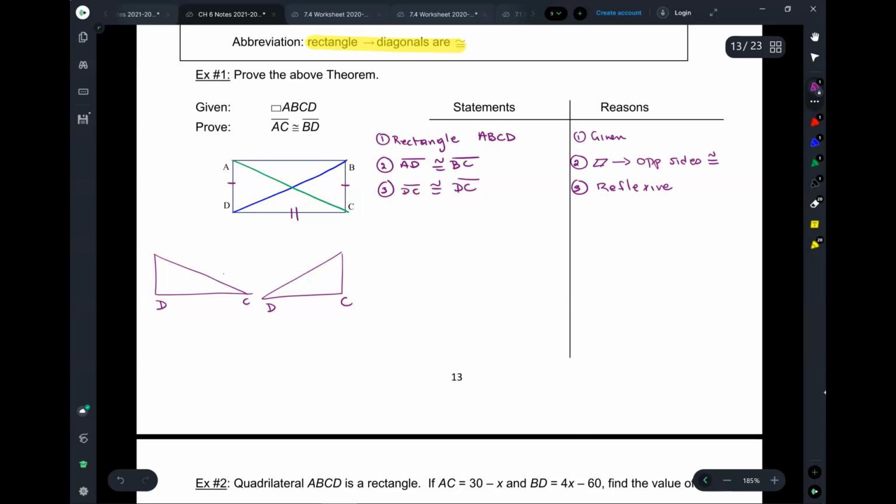Okay. Now, angle ADC, this one, and angle BCD, this one, on these triangles, are both right angles, right? So we want to say angle ADC and angle BCD are right angles, and that is the definition of a rectangle.